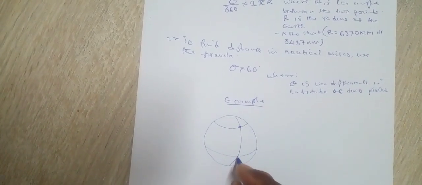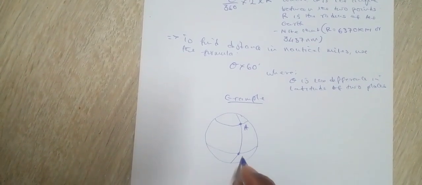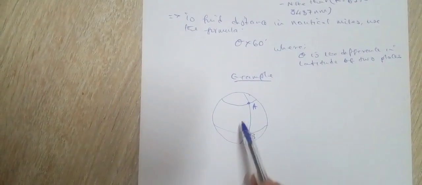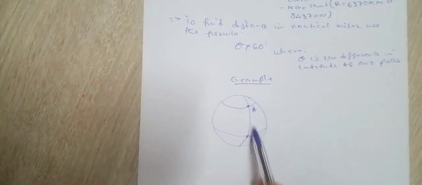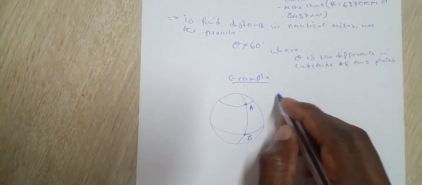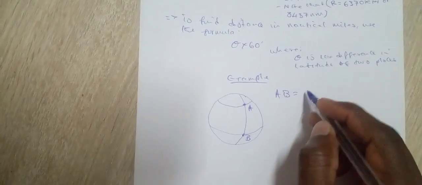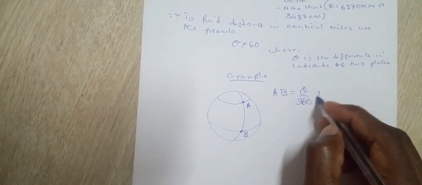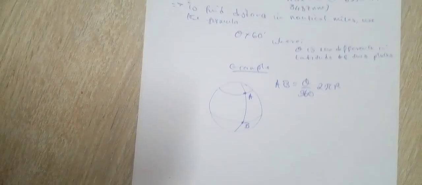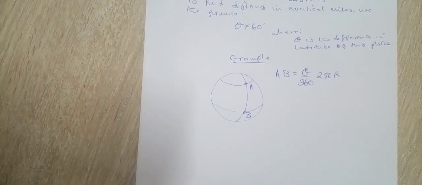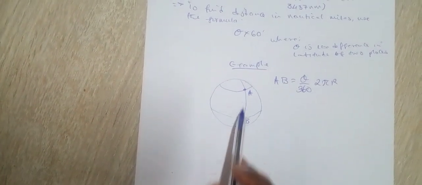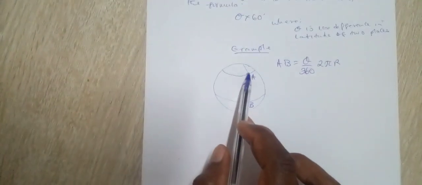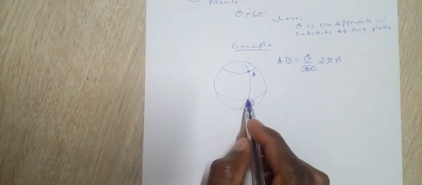Let's say this is our A and this is our B. If I need to calculate the distance between A and B, I will say AB is theta over 360 times 2 pi r, okay? So this is the formula to use when you want to find the distance along the lines of longitude.